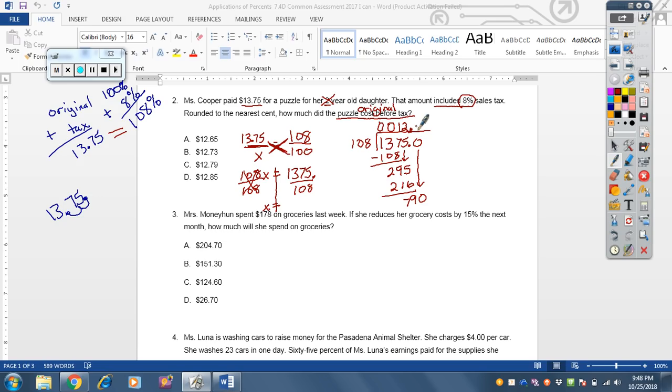Automatically. So if I'm looking at my answer choices, I know it's not A and I know it's not D. My next number is either going to be a 3 or a 9. Right? It's going to be a 3.